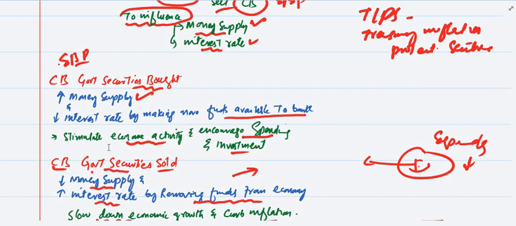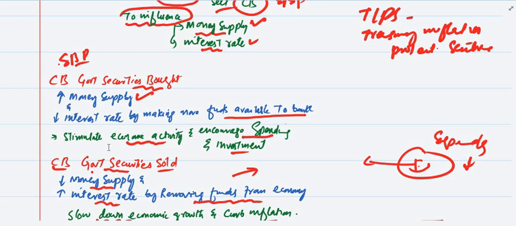Clear? So when the State Bank purchases government securities, this will increase the level of money supply and reduce the interest rate. How do they reduce the interest rate? By making more funds available to the banks, and this will stimulate economic growth and also encourage spending and investment. Clear?